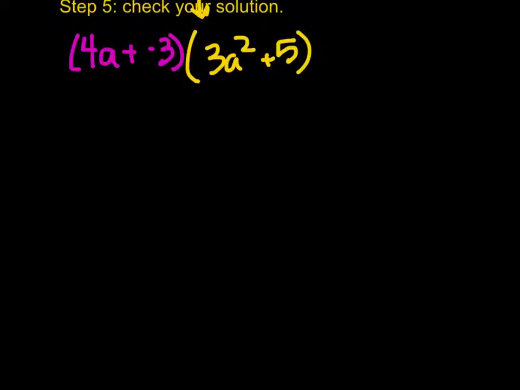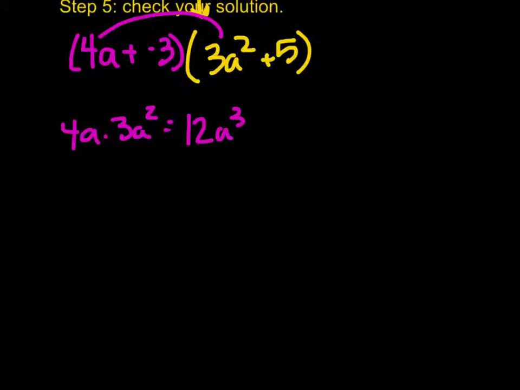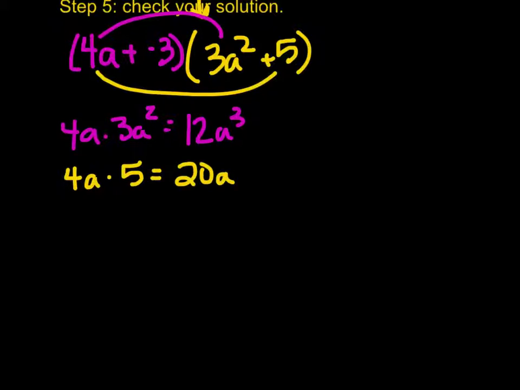And so our first terms, we would multiply 4a times 3a squared. That equals 12a to the third. Our outside terms are 4a times 5, which equals 20a. We have inside terms, negative 3 times 3a squared, which ends up being negative 9a squared.